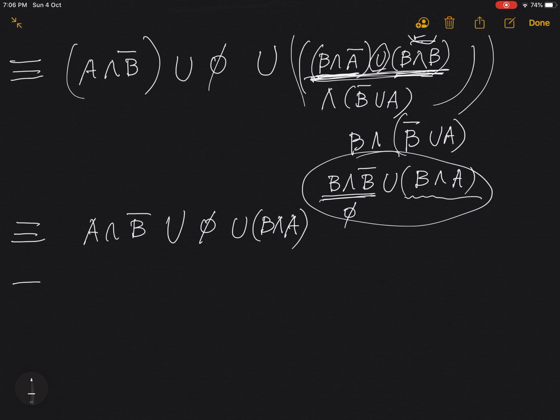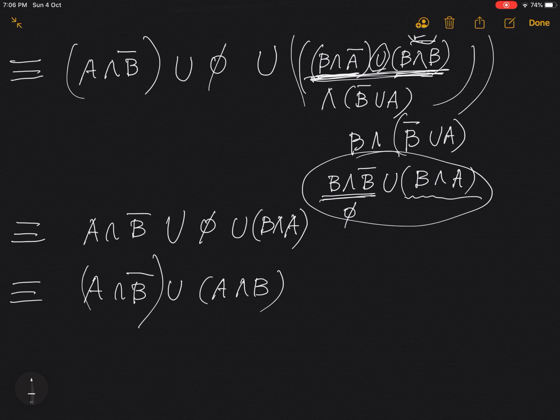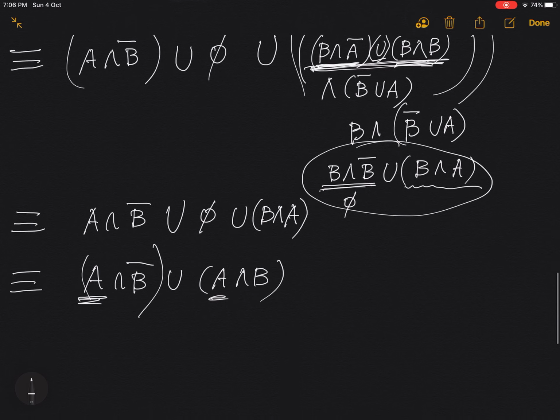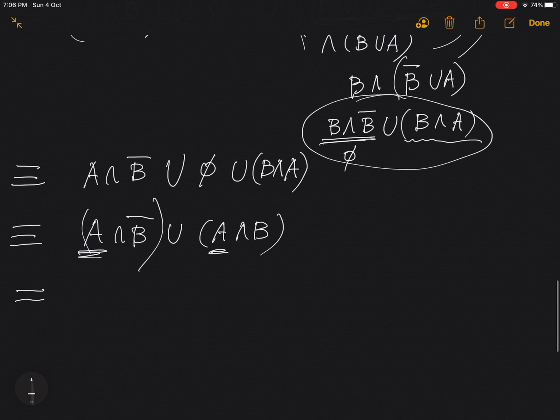So the result will become A and the complement of B, or A and B. We can notice there is an A in common, so we can use the inverse distributive law.